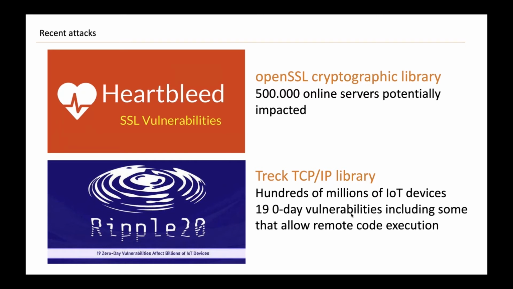So again, a huge security issue caused by vulnerabilities and bugs left in the source code of that TCP/IP library. That's why we are focusing on eradicating undefined behaviors, because they can lead to huge consequences like Heartbleed or Ripple20.